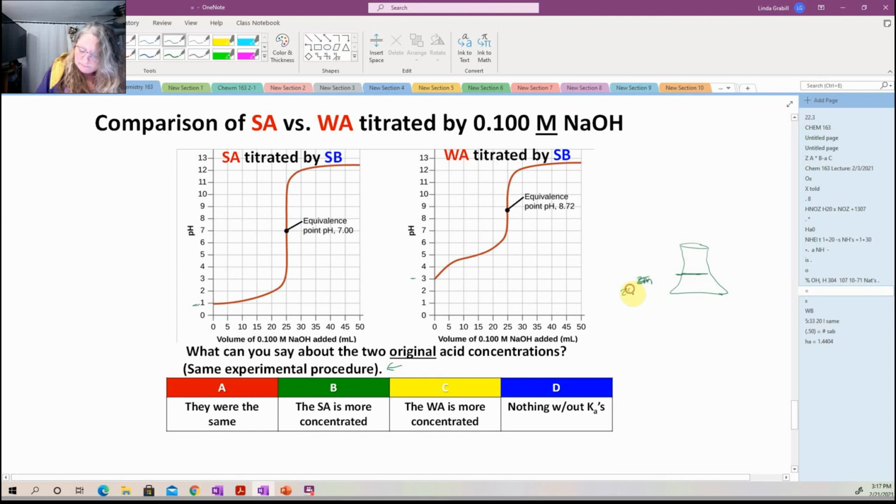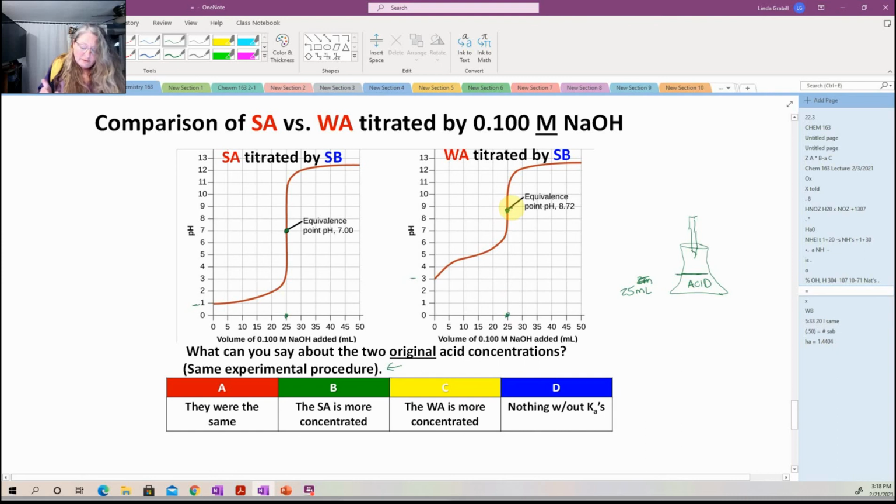That means I would use the same volume of the acid for each. So this would be my acid. And I'm going to titrate. My titrant is going to be my base. I can't draw. Don't hold it against me. I used 25 milliliters of the strong base to the strong acid, and I used 25 milliliters of the strong base to the weak acid.